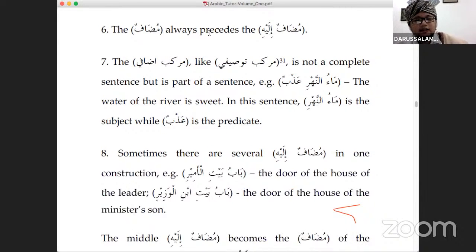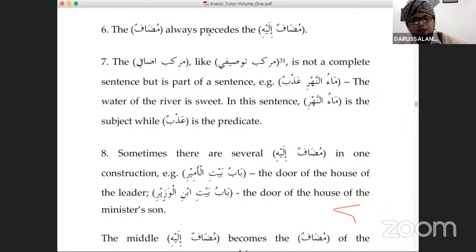Okay, and another thing to note is that murakkab idafi, just like the murakkab tawsifi, is not a complete sentence. Remember? Murakkab tawsifi is macam ayat tergantung kan. Kalau kita sebut rajulun hasan, lelaki baik itu, ayat tergantung kan? Same thing here, murakkab idafi also. It's not a complete sentence, macam ayat tergantung.